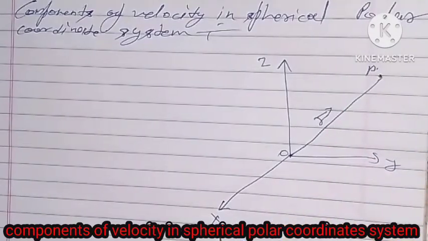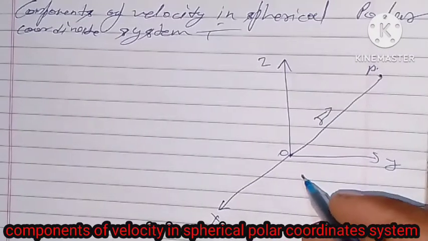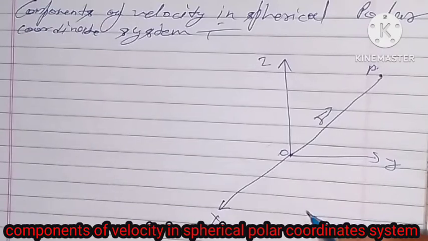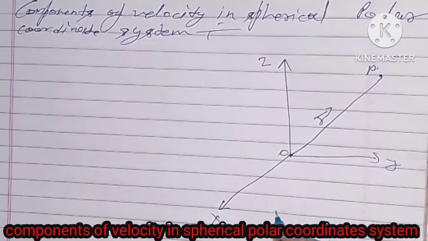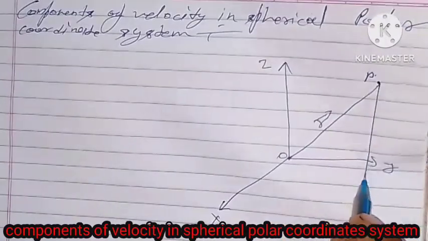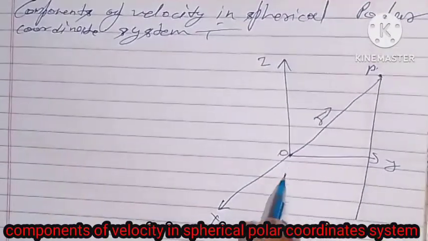And the mirror image of vector r is drawn on the XY plane.